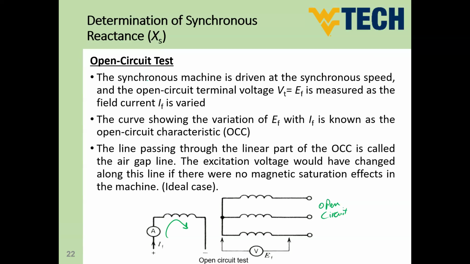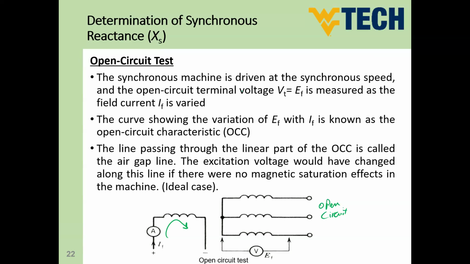So let's read this together, guys. The synchronous machine is driven at the synchronous speed. So you have to make this test at the synchronous speed, because as we mentioned, guys, the excitation curve is going to be different at different frequencies or different speeds.